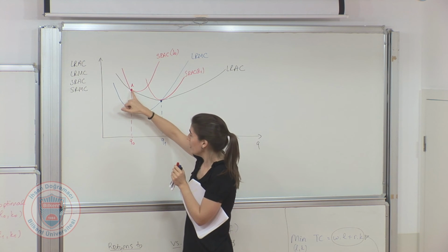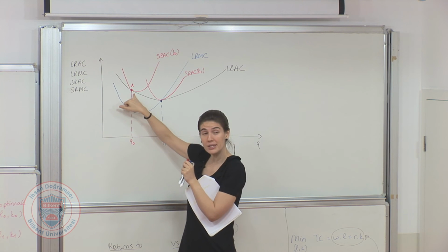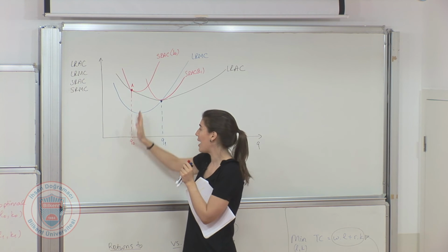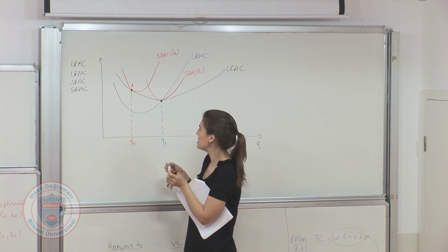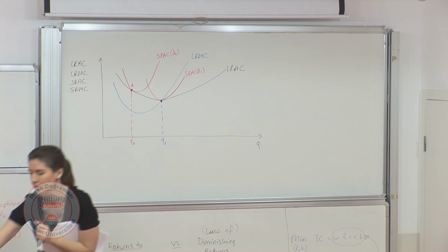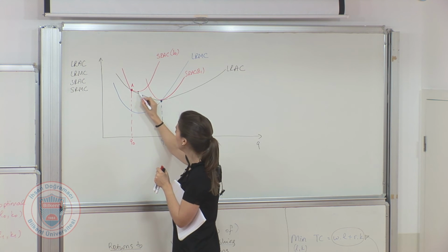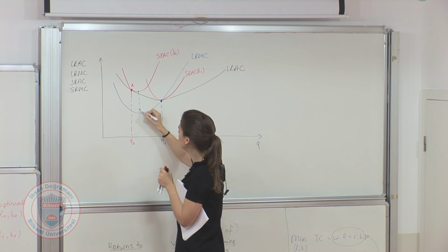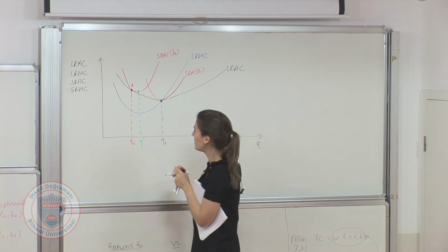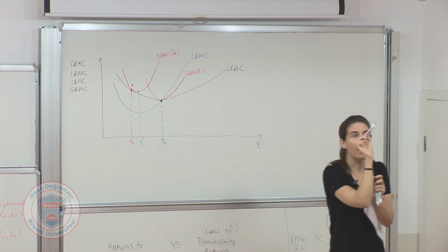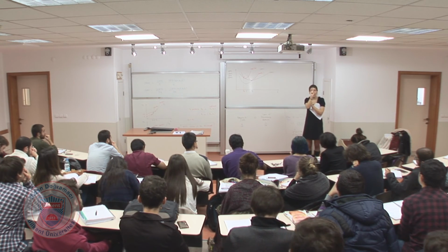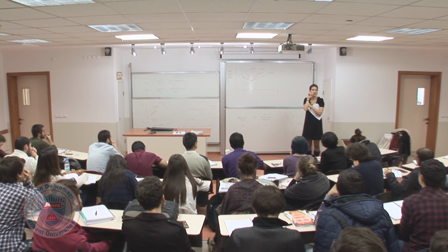Now, because there is increasing returns to scale, as output increases, let's say it comes to a point like this, somewhere here, let's call it Q1 or Q bar, okay? You see that actually costs can decrease even a little bit further, okay?